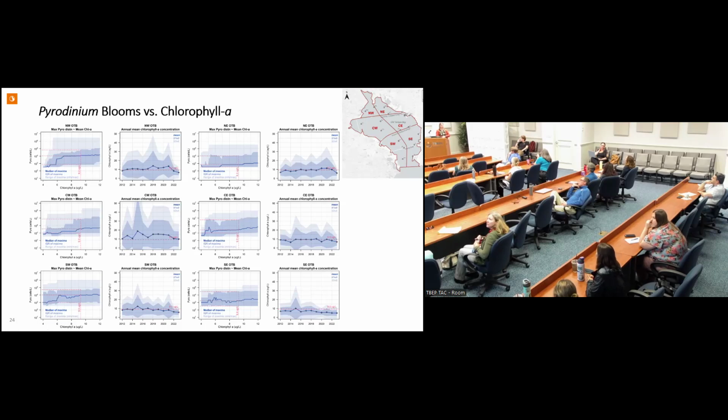So I think when you're comparing the means, it becomes so patchy. I'm just trying to make the point that those high chlorophyll events are mostly pyridinium, rather than a mixed community.